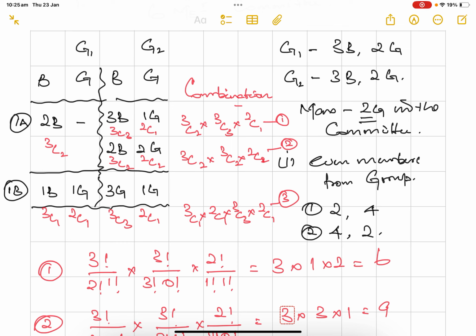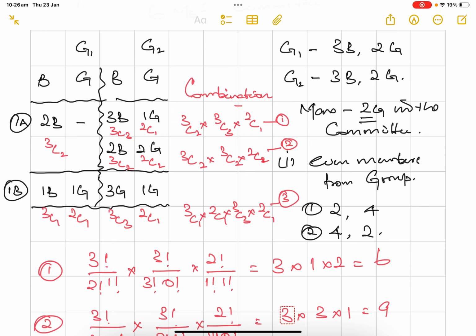Let's start with 1A, 2 boys and no girls. And in group 2, of course, we need 4 members. It can be 3 boys and 1 girl, or 2 boys and 2 girls. It can't go the other way because we haven't got 1 boy and 3 girls; we only have 2 girls. So these are the 2.